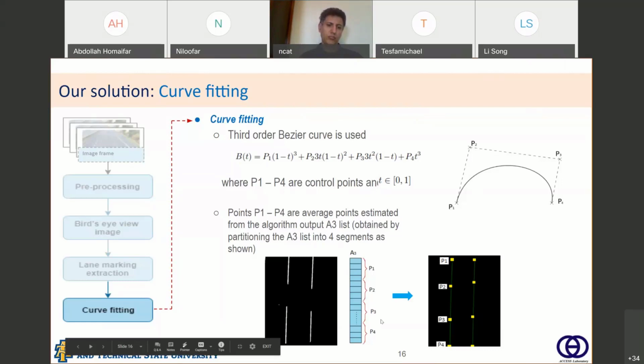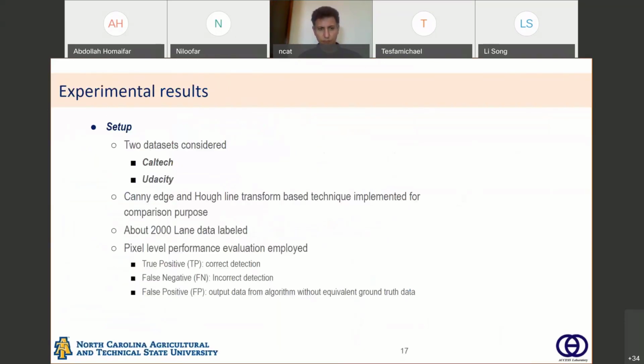So once we get P1, P2, P3, and P4, we simply substitute these values in this equation to generate the interpolated values, and we get the lane boundaries. So that's the conventional image processing method for lane detection, and we checked our method with these 2 data sets.